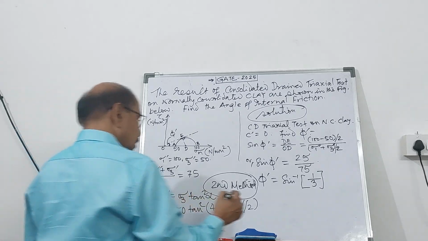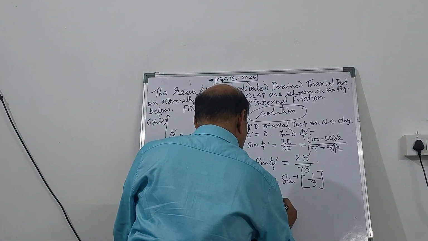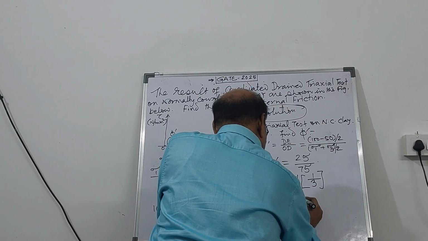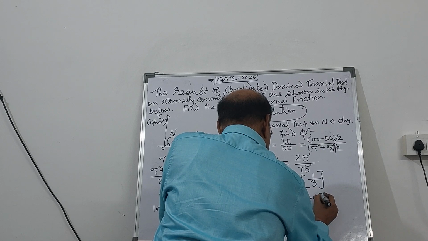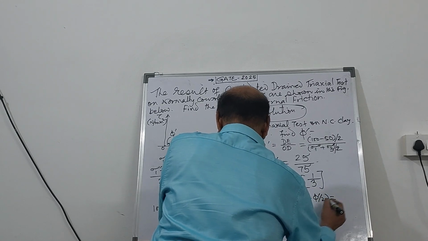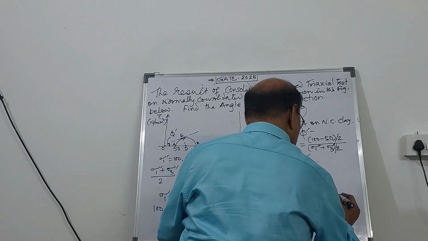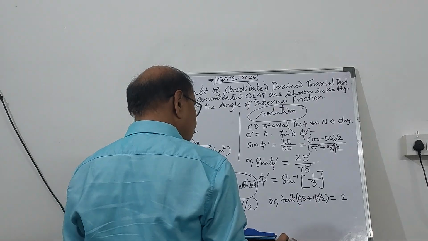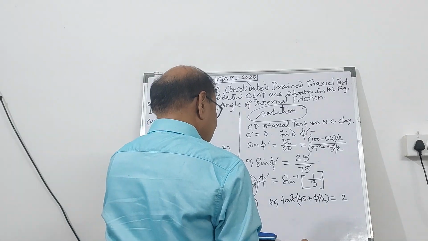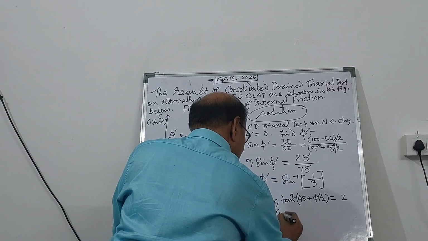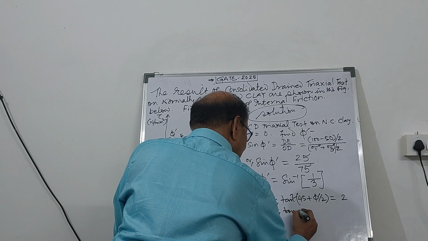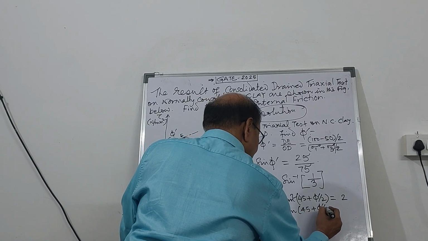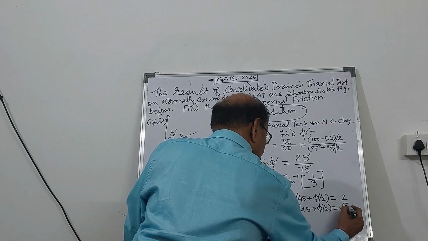Therefore, tan square of 45 plus phi prime by 2 will be equal to 100 by 50, that is 2. Therefore, tan of 45 plus phi prime by 2 will be under root 2.